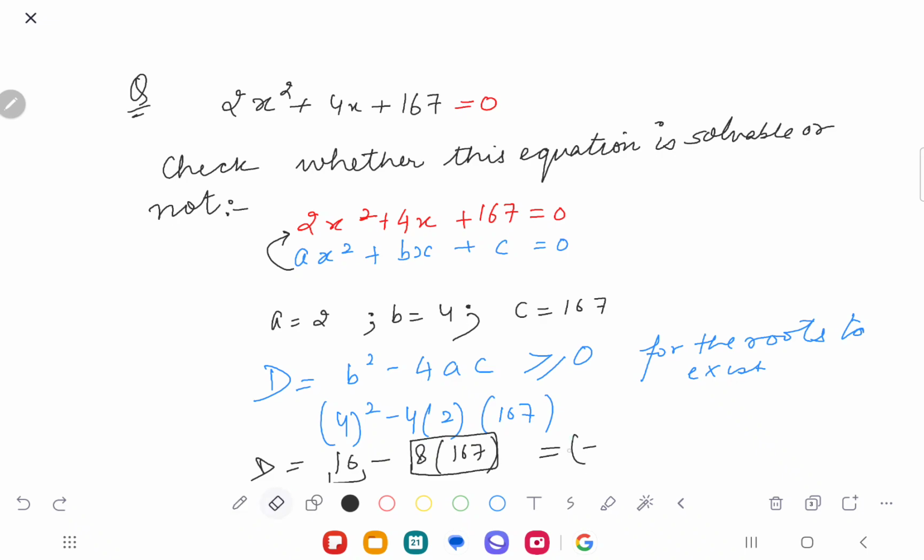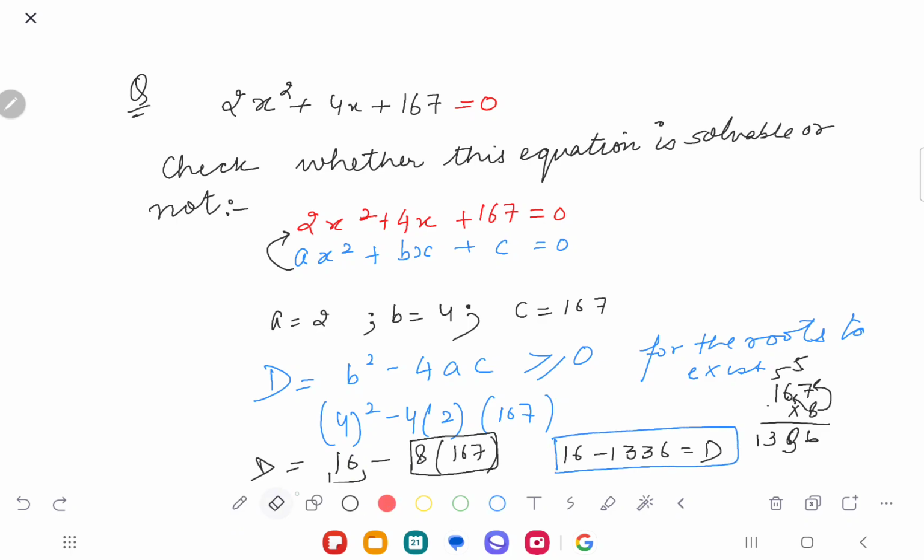Are you understanding? 167 times 8: 8 times 7 is 56, 8 times 6 is 48, 48 plus 5 is 53, 8 times 1 is 8 and 13. So 1336. So 16 minus 1336 is going to be my discriminant. Yes or no? That 1336 minus 16, if I do, I get 1320. So I'm going to get the discriminant as equal to minus 1320.